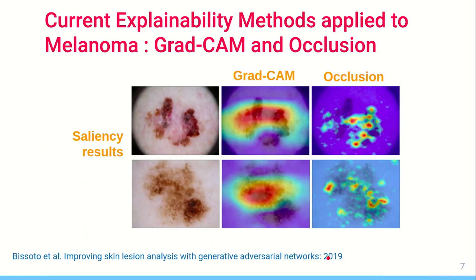Current explainability methods based on saliency maps have not been getting good results, as we can see in the image. In the second column, we have GradCAM results, and on the third column, occlusion results.